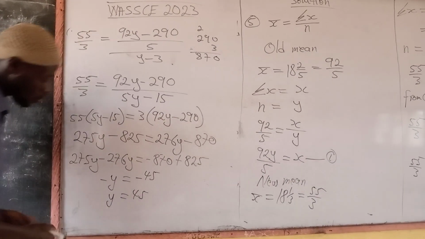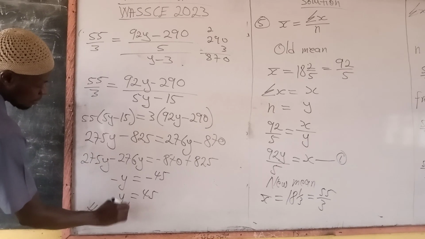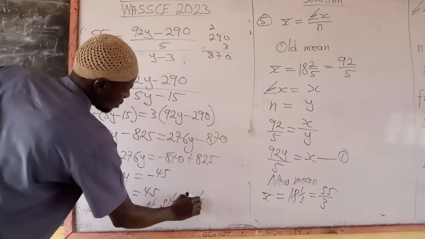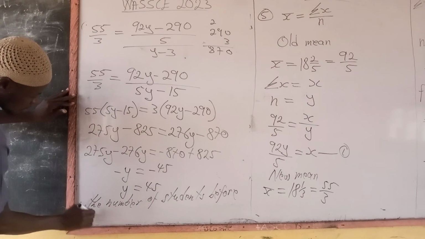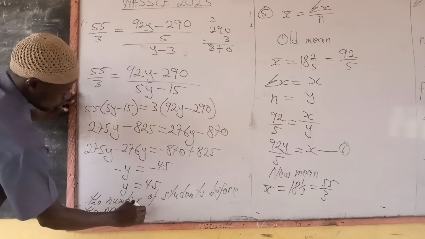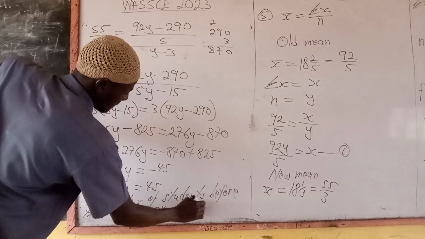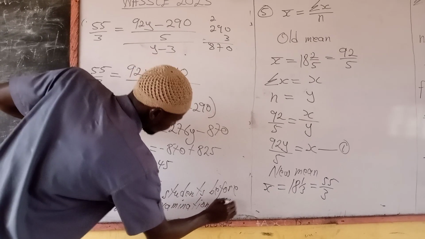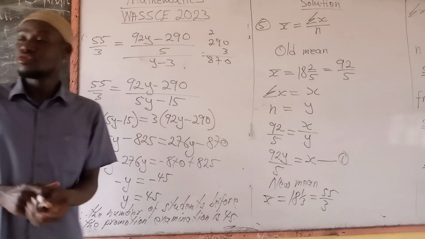And so therefore, you conclude by saying, so therefore, the number of students before the promotion examination is 45. And that ends the solution to this question.